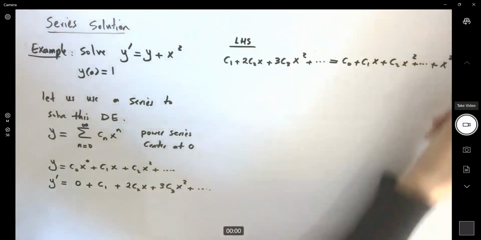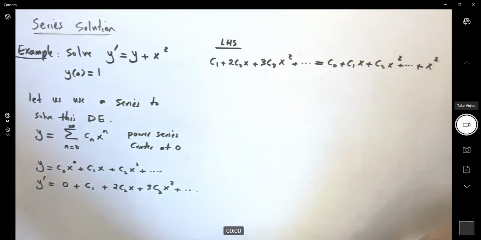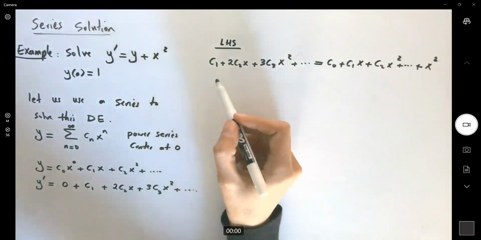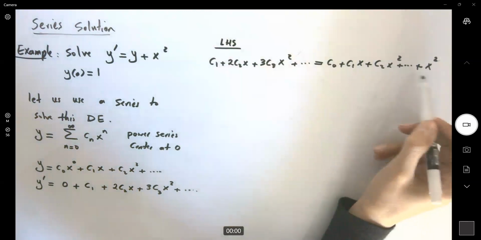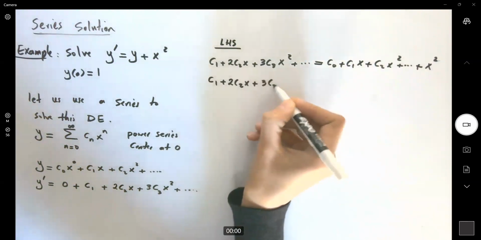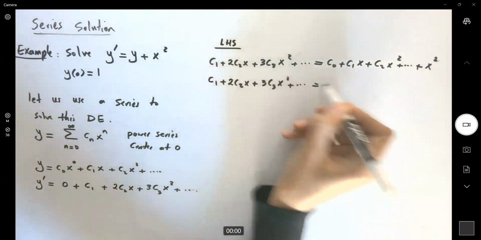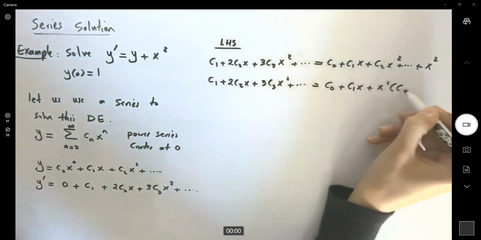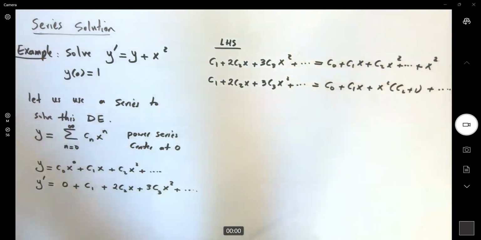Now we are just using basic algebra. Factoring the x squared in, the right side becomes c sub 0 plus c sub 1 x plus x squared times (c sub 2 plus 1) plus the rest of the terms.